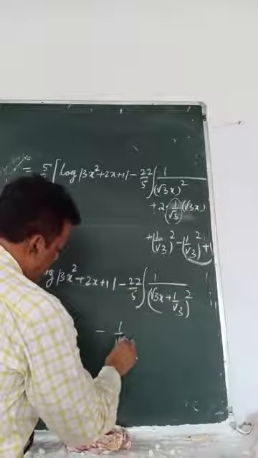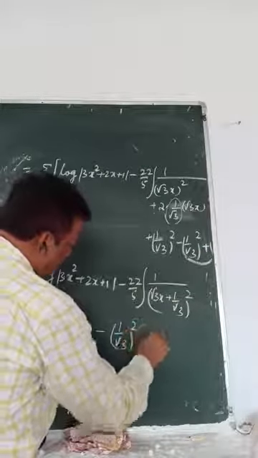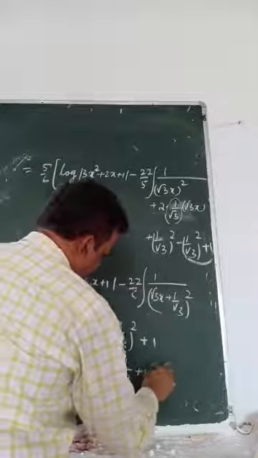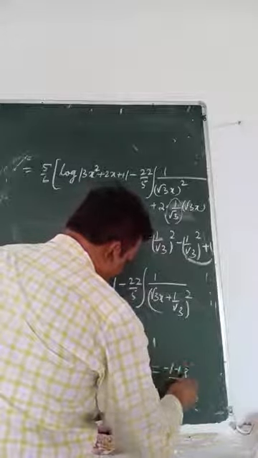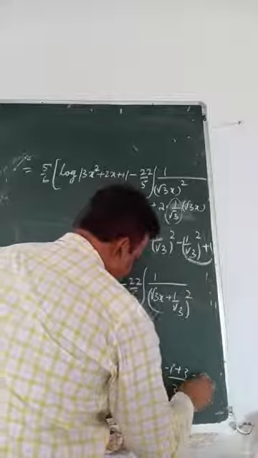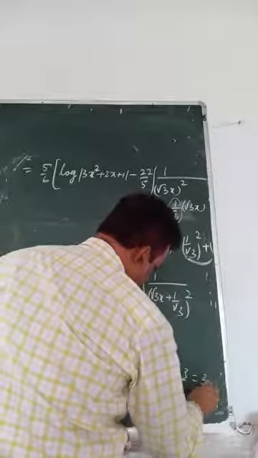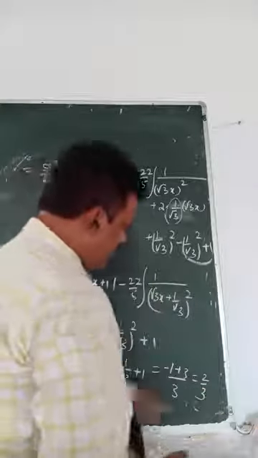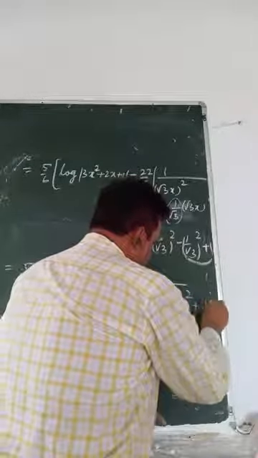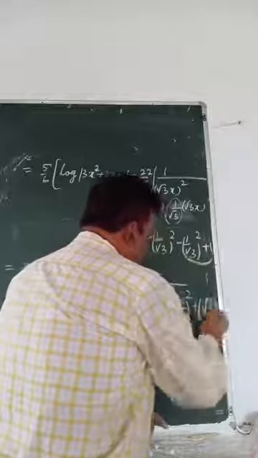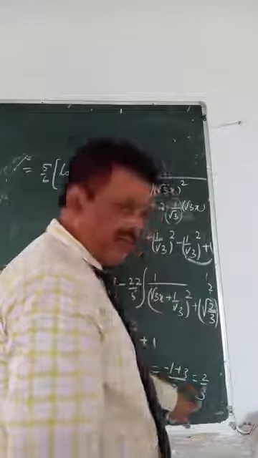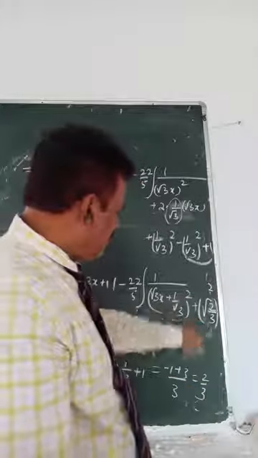Minus 1 by root 3 whole square plus 1 is minus 1 by 3 plus 1, which is minus 1 plus 3 by 3. This is 2 by 3. 2 by 3 we write in square form. This is root over of 2 by 3 whole square.